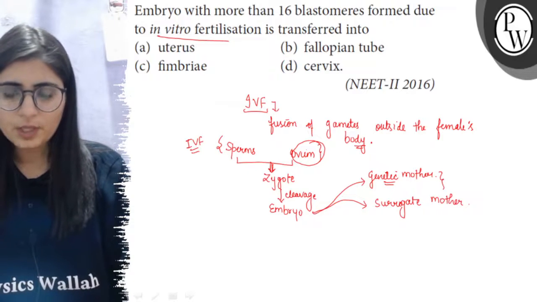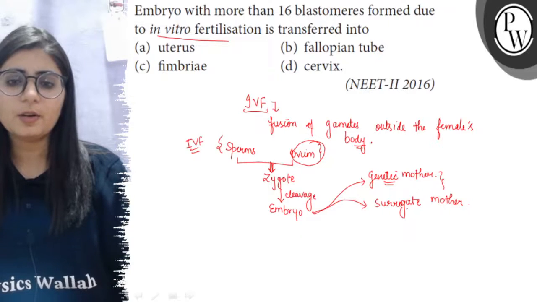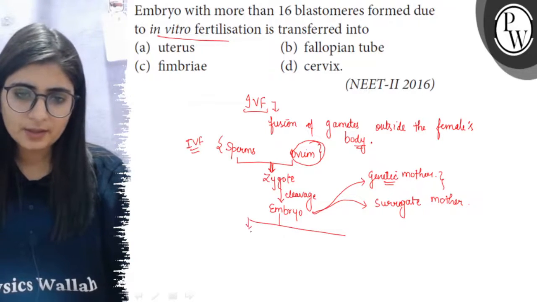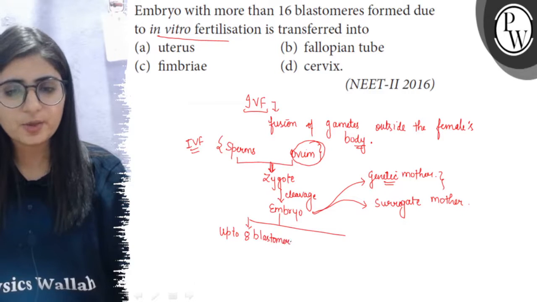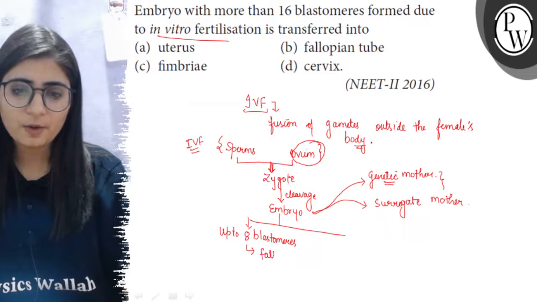So whatever the case is, the embryo is transferred into the fallopian tube or into the uterus, depending on whether the embryo is up to 8 blastomeres. If the embryo is transferred up to 8 blastomeres or 8 cell stage, then it is transferred into the fallopian tube.